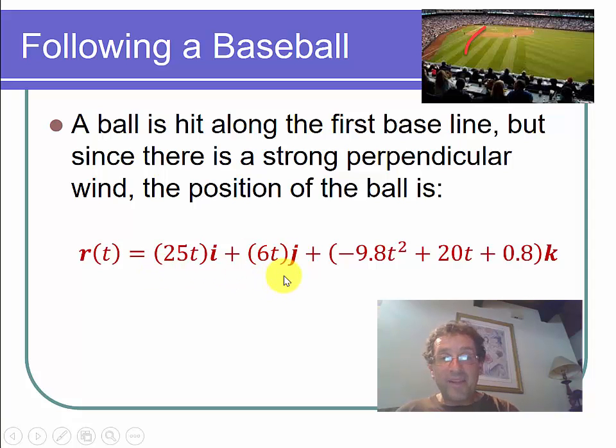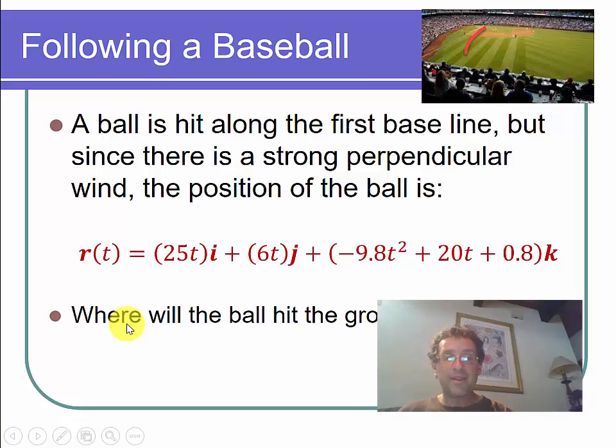And the 6t, that is the wind pushing it towards the third base line. The 25t and the 20t, the i and k components, that's the initial velocity. Again, we'll get into that in another section, but for now I'd like to give you little hints on what's coming up.